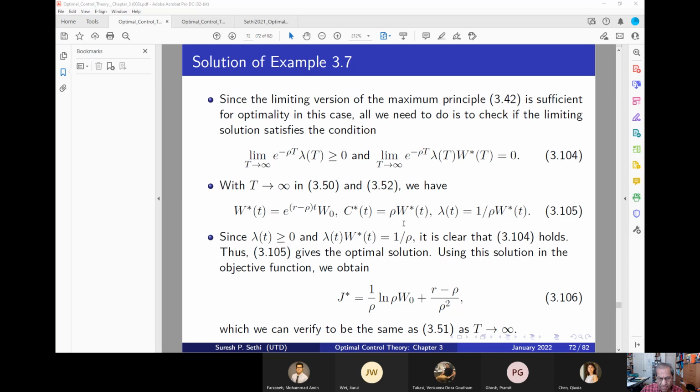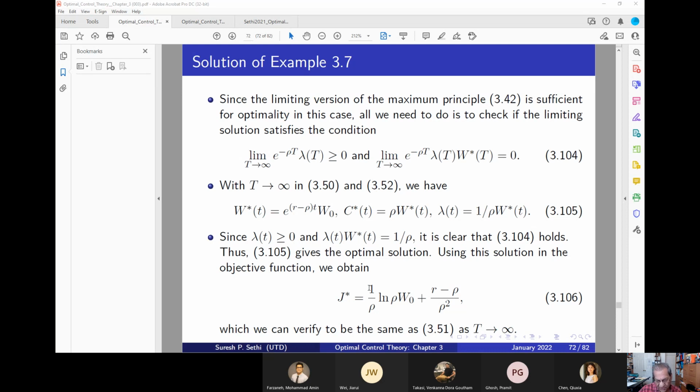If you consume your wealth, the value you get cannot be compensated. That means that you cannot optimize the solution. So anyway, we'll talk a little bit more about it later.